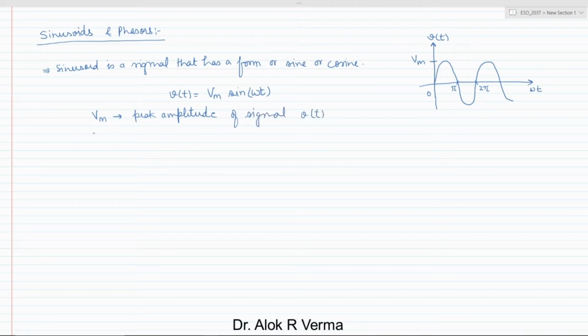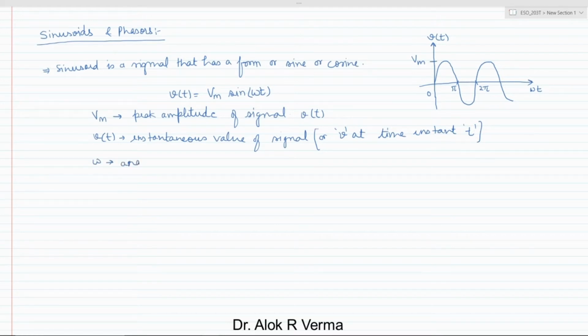And Vt is nothing but the instantaneous value of the signal, or V at time t. So this also can be represented here. Now another quantity which is new to us is omega. It is nothing but the angular frequency.